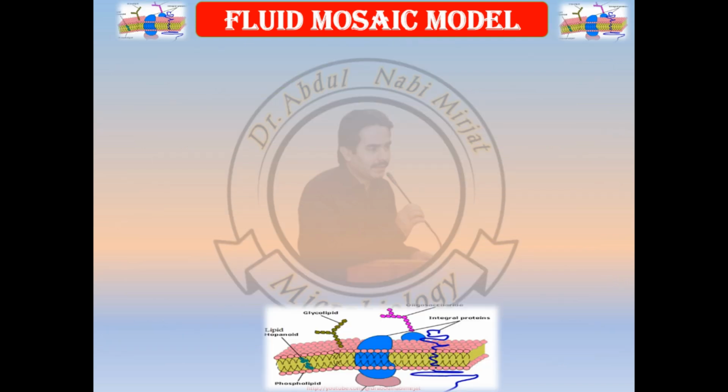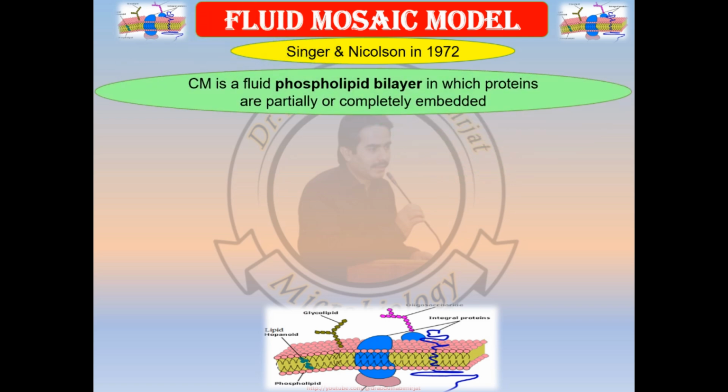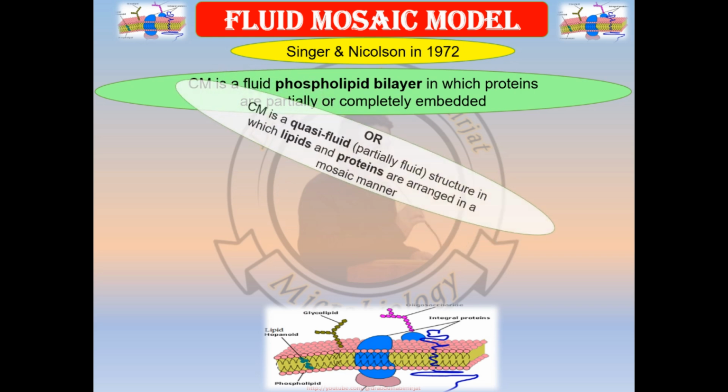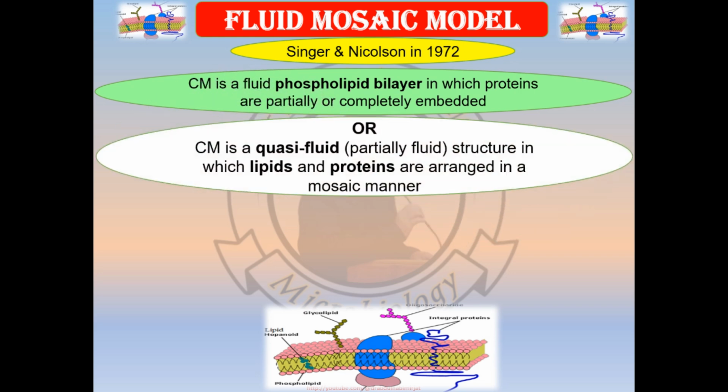Fluid mosaic model. The fluid mosaic model of the cell membrane was given by Singer and Nicholson in 1972. According to this model, the cell membrane is a fluid phospholipid bilayer in which proteins are partially or completely embedded, or a quasi-fluid structure in which lipids and proteins are arranged in a mosaic manner.